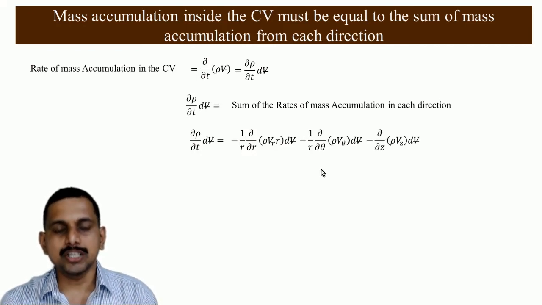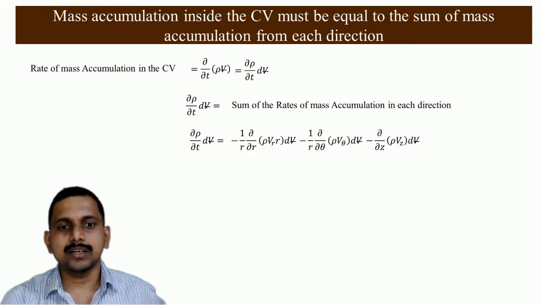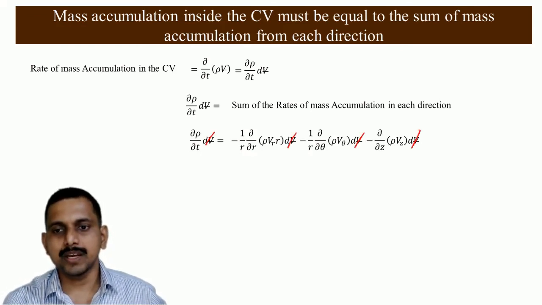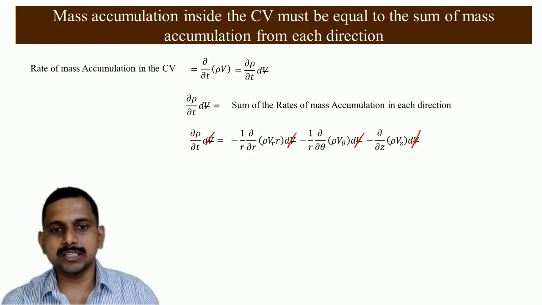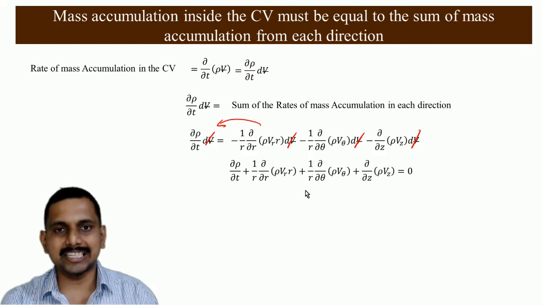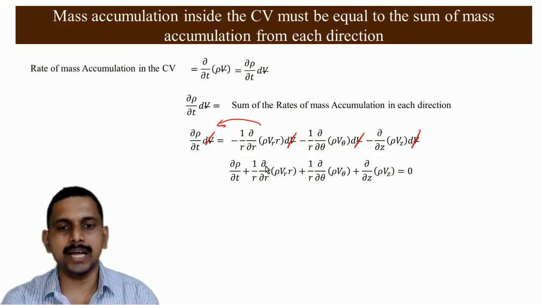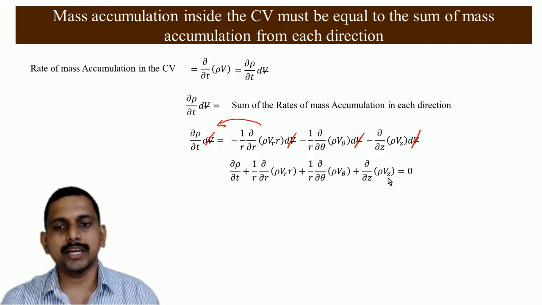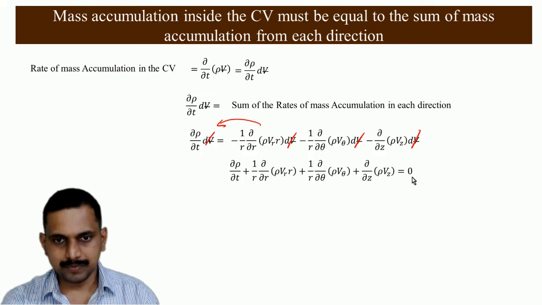Now the volume gets cancelled from all the sides, and I am taking these three terms to the other side. When I do that, I get this equation: ∂rho/∂t plus 1/r ∂/∂r of (rho r Vr) plus 1/r ∂/∂θ of (rho v theta) plus ∂/∂z of (rho Vz) is equal to 0.